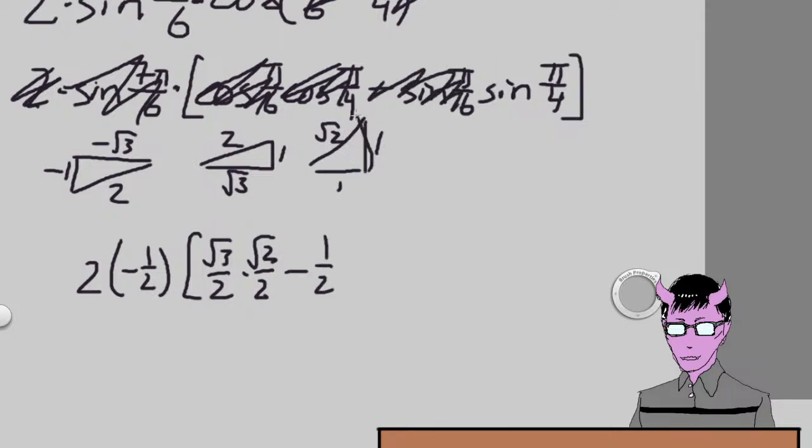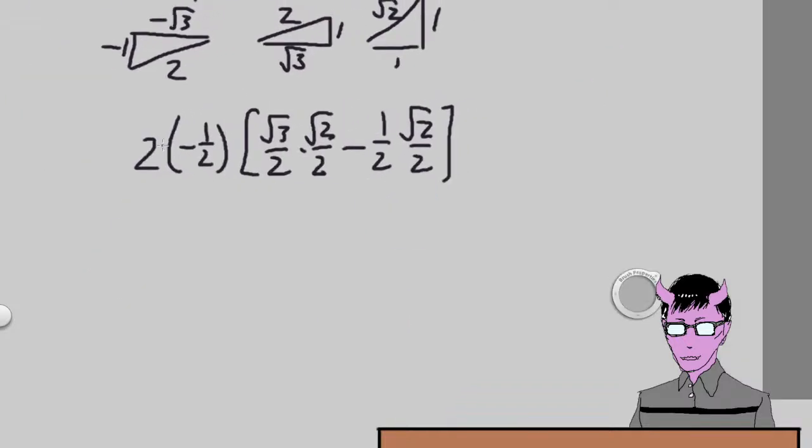Sine of pi over 4, root 2 over 2. What do we have here? 2 cancels with this 1/2, leaving us negative 1. Brackets. Multiply is root 6 minus root 2.